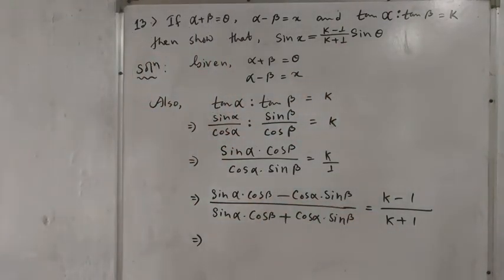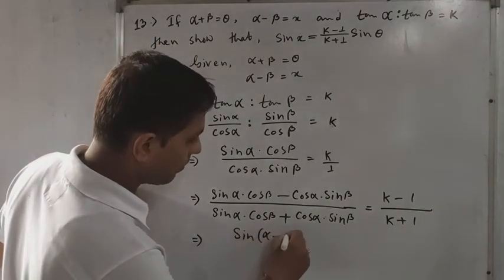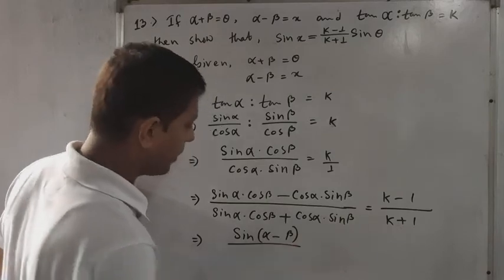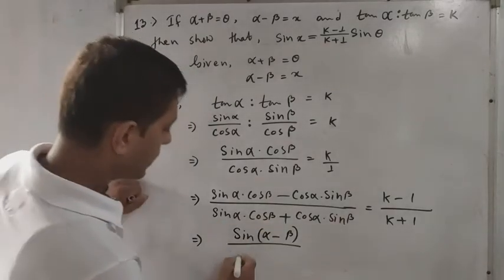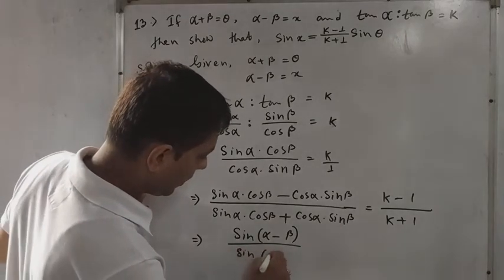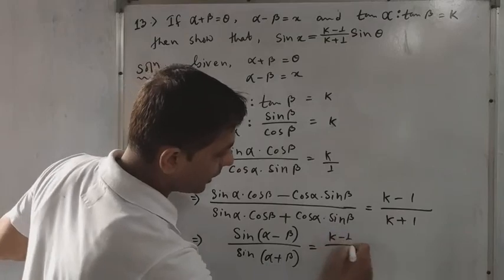Now once you write like this, the numerator part of the left hand side becomes sin A cos B minus cos A sin B, which is equal to sin (A minus B). Then the downside becomes sin A cos B plus cos A sin B, which is sin (A plus B), that is alpha plus beta. On that side, k minus 1 by k plus 1.